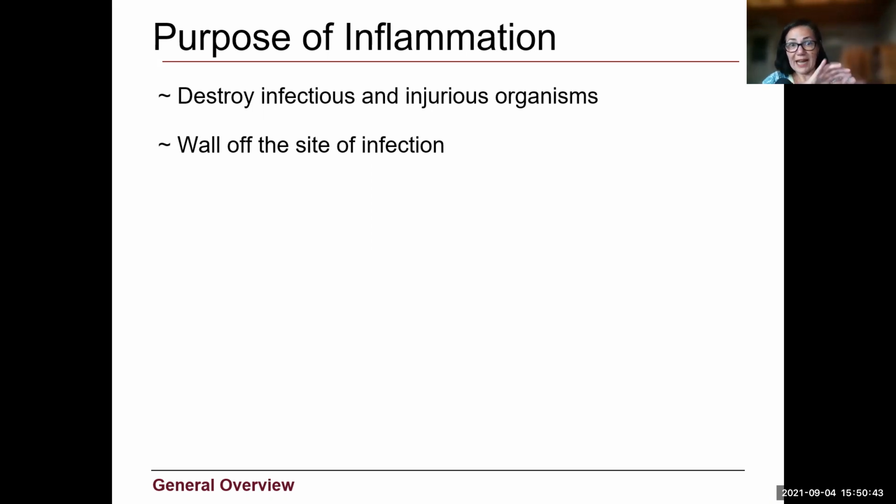The advantage of this walled off area is, one, you limit how far the infectious organisms can get in the tissues, and two, you corral your white blood cells that are also coming to the area and keep them concentrated where the infection is.